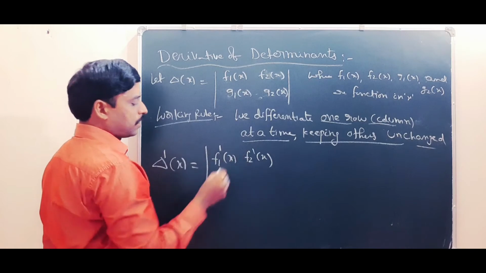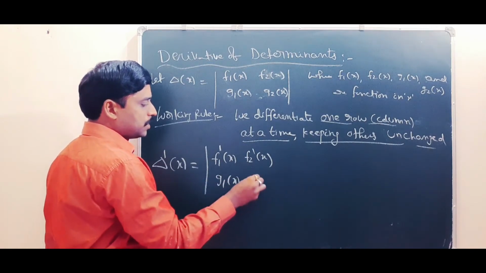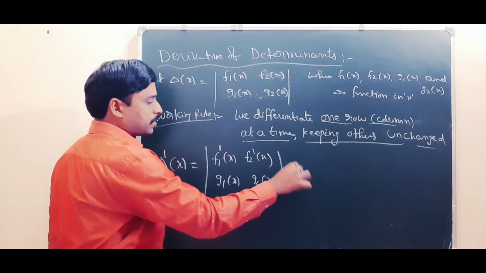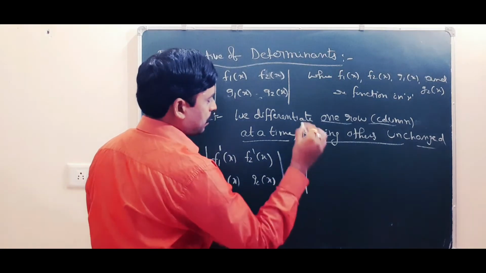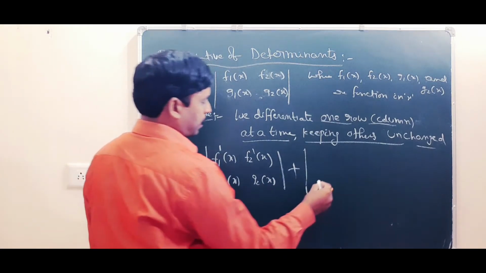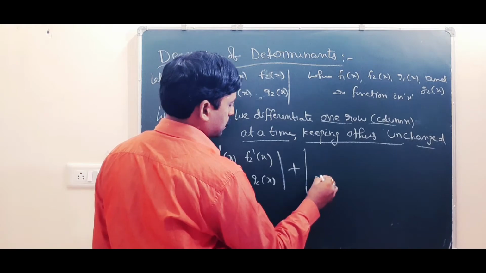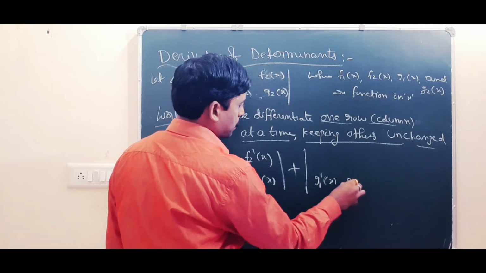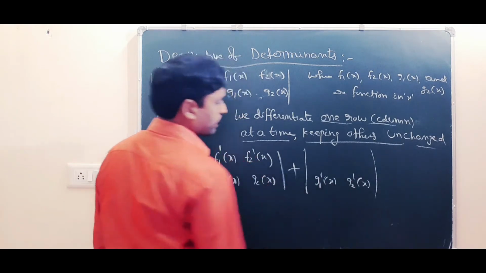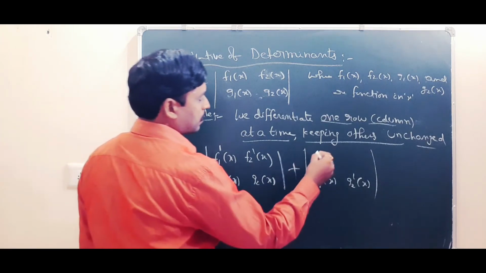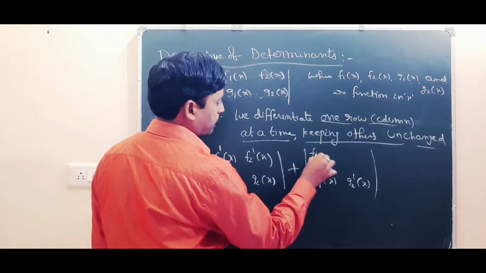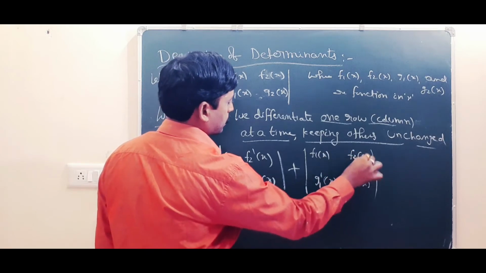So the second row is written as it is, z1x, z2x, plus. Now differentiation of second row z1 dash x, z2 dash x, keeping the first row unchanged, f1x, f2x.